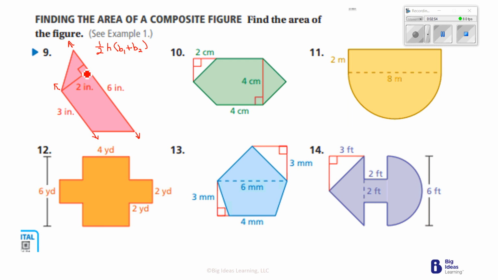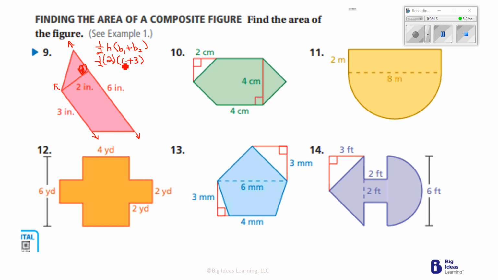Okay, and the height is perpendicular, which means a 90-degree angle. That's what this box means right here. Okay, so my height is 2. That means I have 1/2 times 2. And then base 1 is 6. And base 2 is 3.